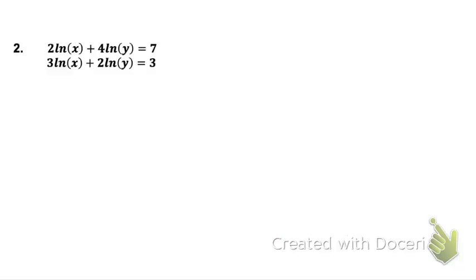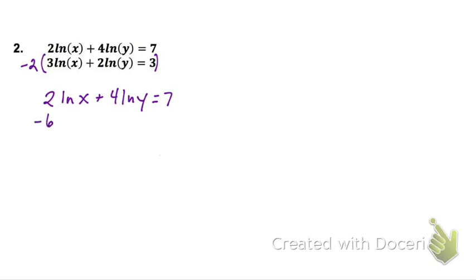Okay, let's try number 2. Looking at this, we want to do elimination or substitution. Probably elimination. What could I do? Multiply the second equation by negative 2. So I'm going to rewrite the top one, and I'm going to rewrite the bottom one.